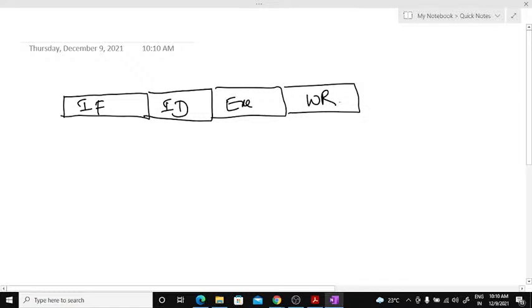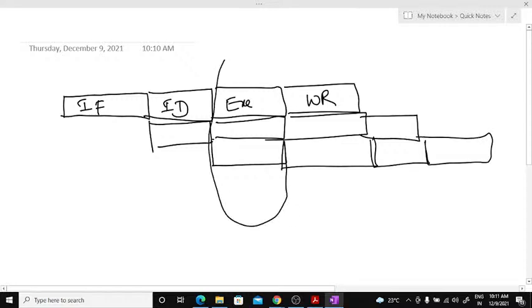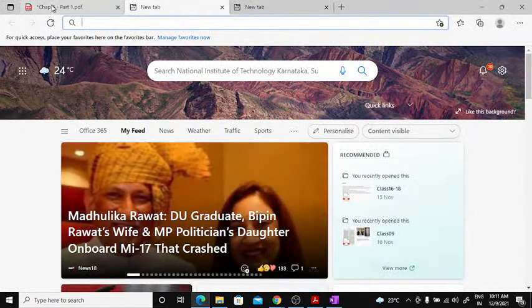Likewise, generally we represent it like this. We did not mention what the instruction fetch actually contains. We just mentioned it generally, with three stages: instruction fetch, instruction decode, and execute. This is the type of diagram we represented.